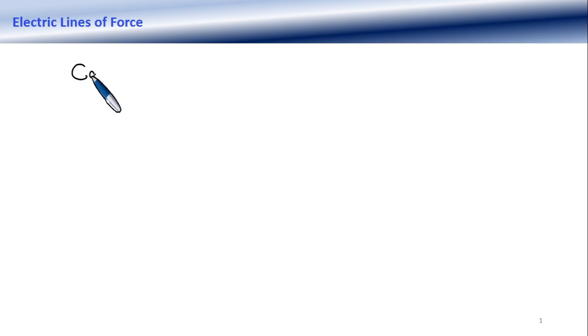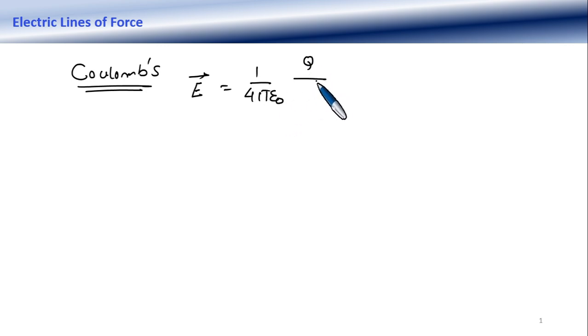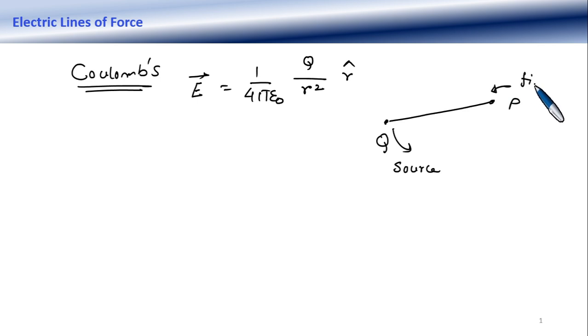From Coulomb's law. Coulomb's law says that electric field is a vector, and electric field E is equal to 1 by 4 pi epsilon 0 into q by r square r cap. What does it mean? Say there is a charge q and there is a point P, and we call the charge the source, and this point P is some field point where we have to find the electric field.